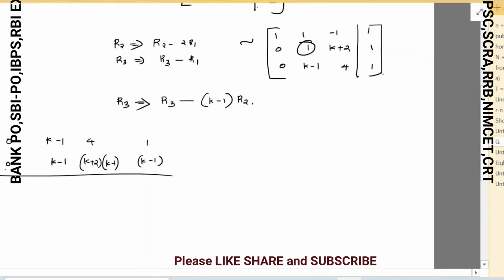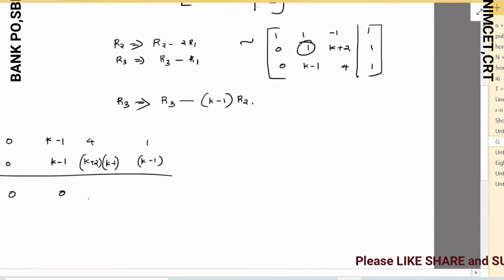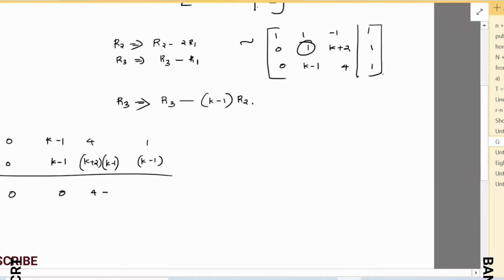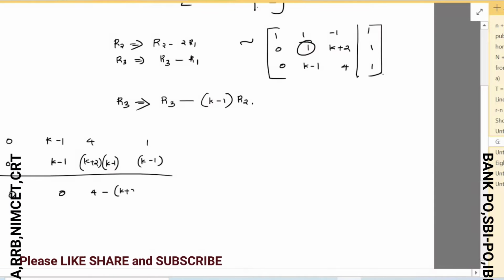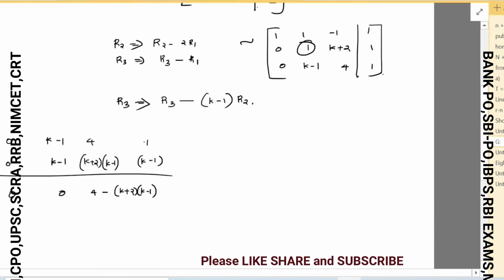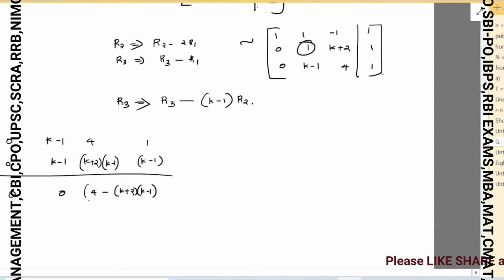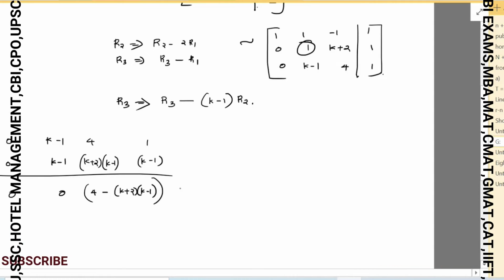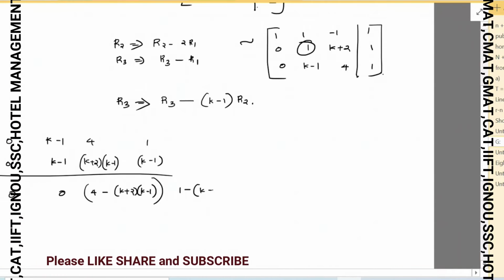So by subtracting we will get 0, 0, the third element will be 4 minus (k plus 2) into (k minus 1), and the last element will be 1 minus (k minus 1).